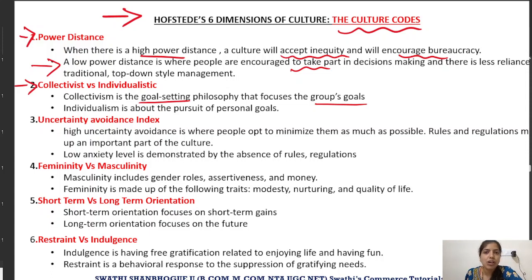Whereas if the environment is individualistic, every employee will focus only on gaining personal goals, if they want to achieve a certain incentive, target or promotion, they will work only for that, gaining their personal goals and not the company's goals. So a company should not be individualistic, it should be collectivistic in nature.